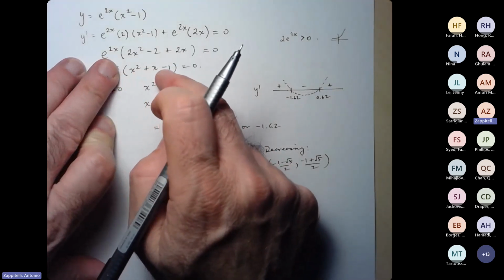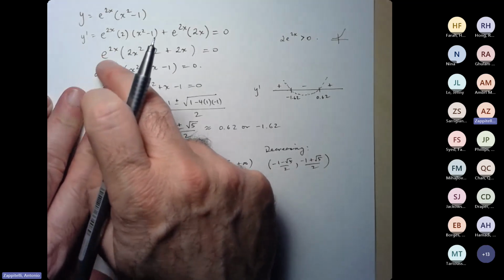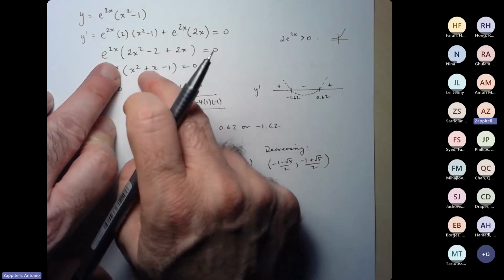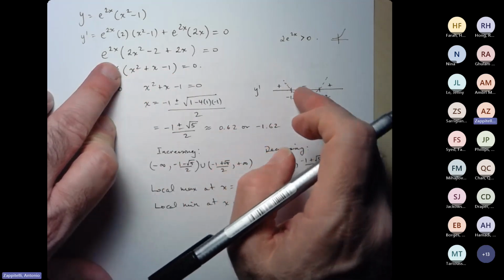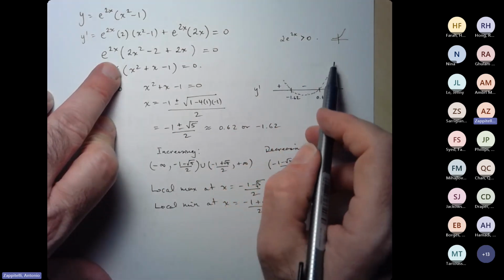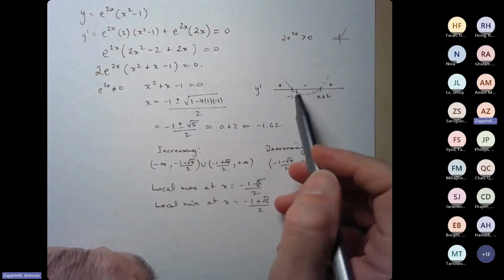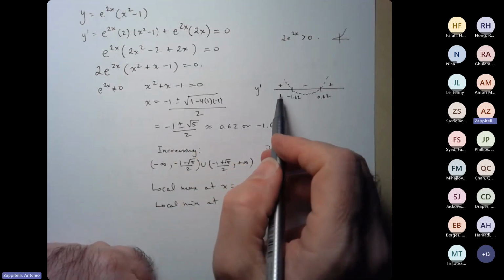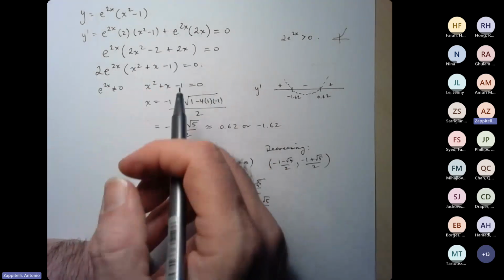Now this only works because I know that this part is positive all the time. So I just need to look at the sign of the quadratic portion of that derivative. And since I know it happens to be a parabola that opens upwards, I know it has to go from positive to negative to positive. Okay? And it's a quick way of showing the sign of the derivative without having to take a number, stick it in my expression, possibly make a mistake on my calculator.